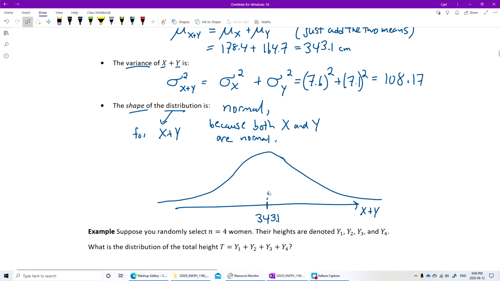Now you're probably thinking, well, how wide is this curve? Certainly not 108.17, right? So what's the standard deviation for the sum? What we need to do is take the square root of that number. So the sigma is going to be the square root of 108.17, which is 10.40 centimeters.